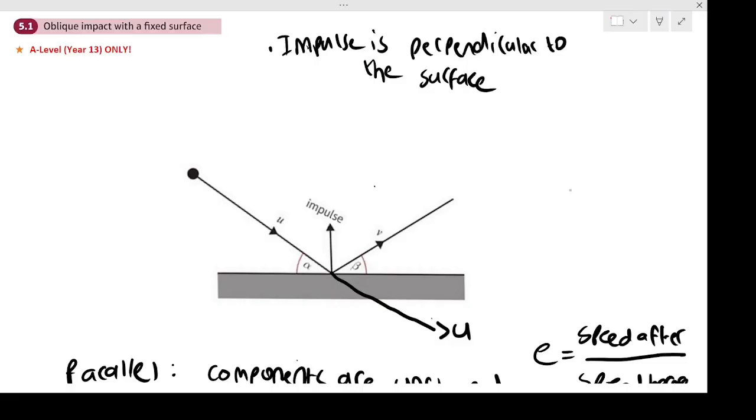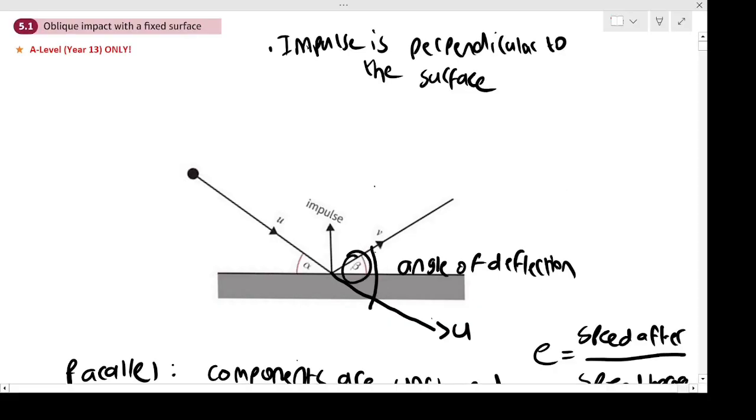So if we want to go from U to V, it's going to be this angle here. That's my angle of deflection. It's how much it's been deflected by, how much it's been changed by. So that's my angle to go from U to V, so it's going to be this whole angle here.